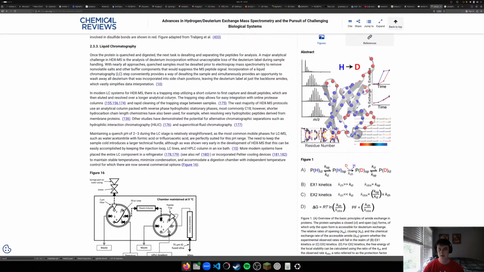The vast majority of HDX-MS protocols use an analytical column packed with reverse phase hydrophobic stationary phases, most commonly C18. However, shorter hydrophobic chain length chemistries have also been used.